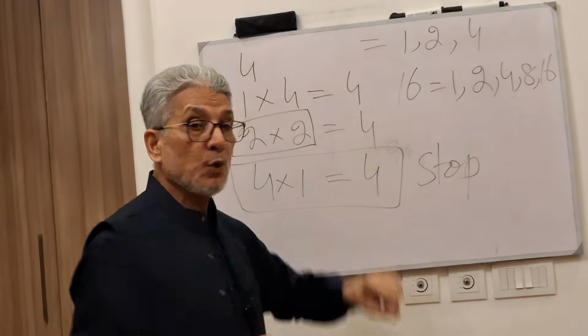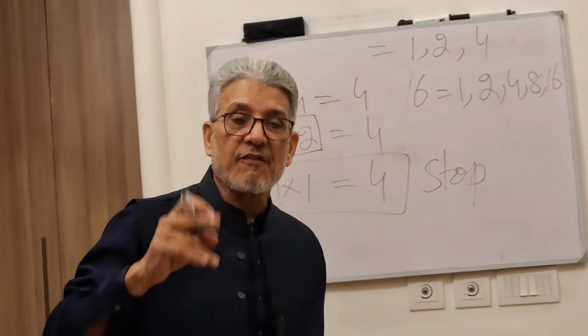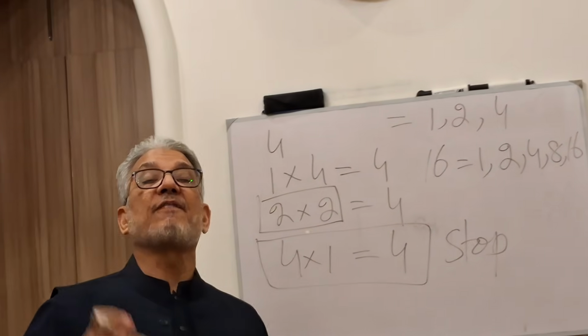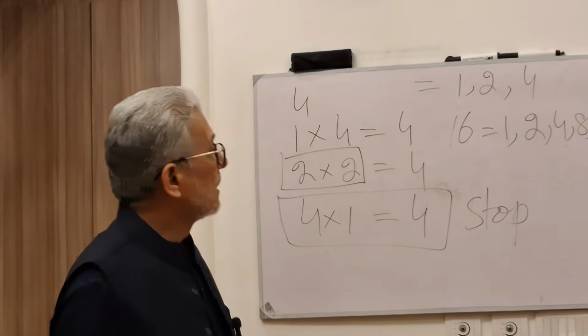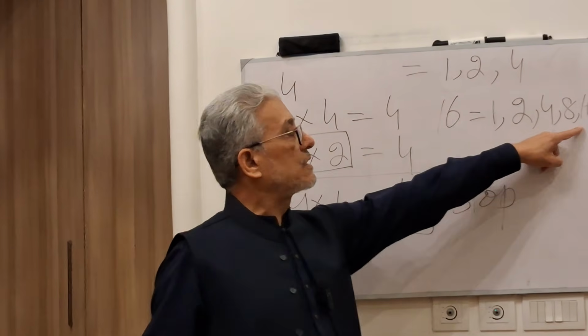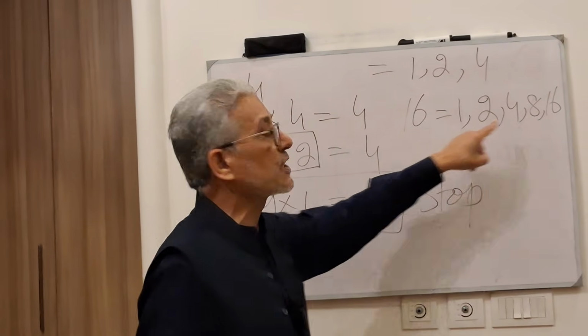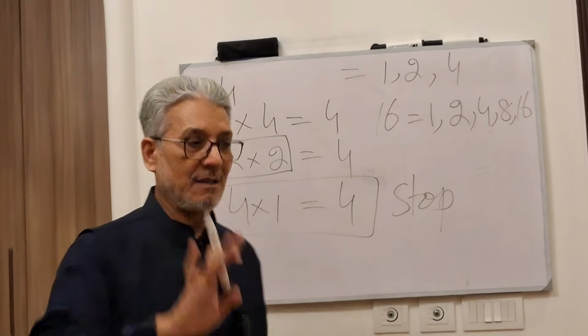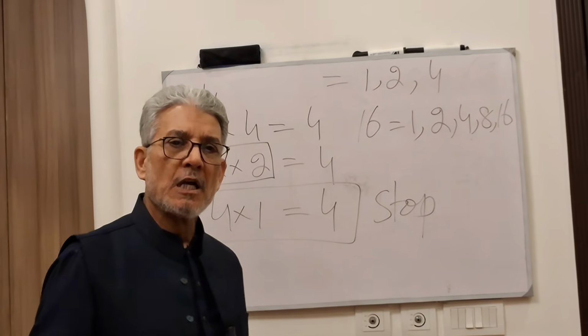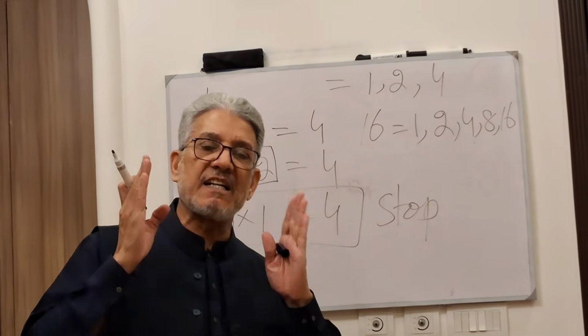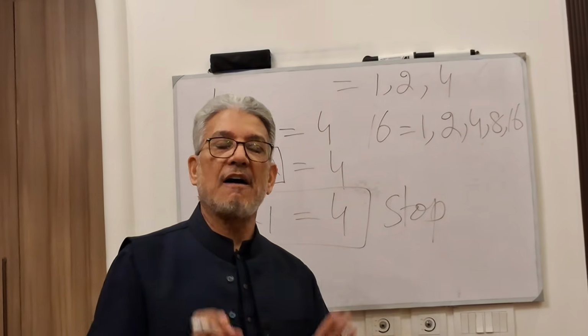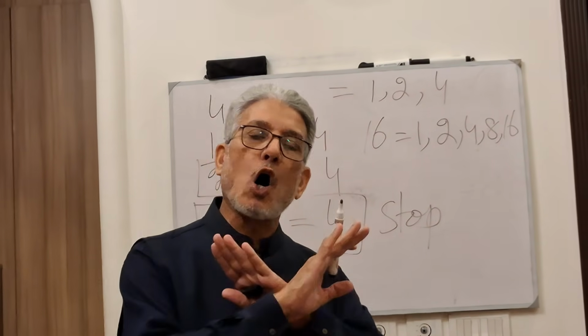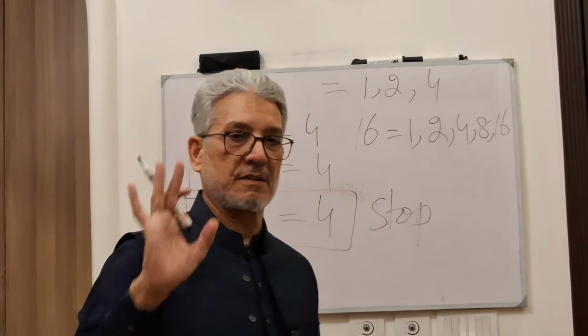So when you find the factors of a perfect square, the number of factors is always odd, not even. Otherwise, you get an even number of factors in all other numbers except the perfect square.